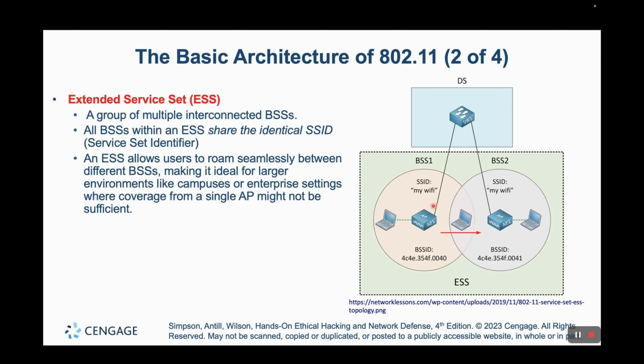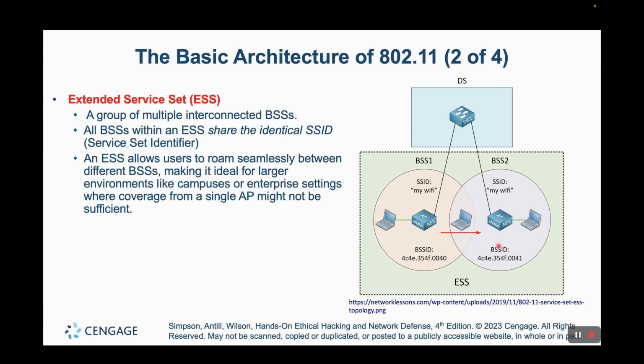Now, keep in mind that all of these, BSS 1 and 2 or 3 or 4 or whatever, have to be connected to something called the DS, the distribution system, which is basically the backbone network that connects multiple BSSs in this extended service set environment. Typically, each one of them is connected through a wired network.